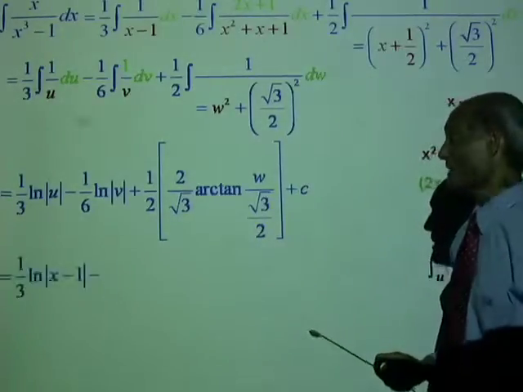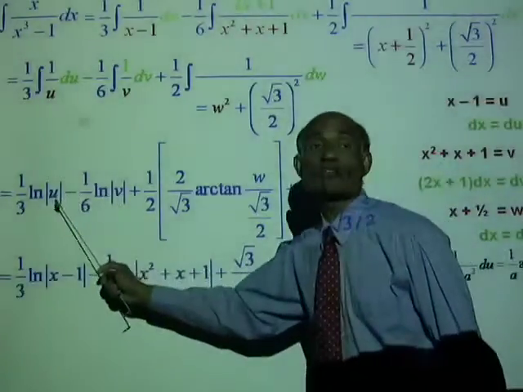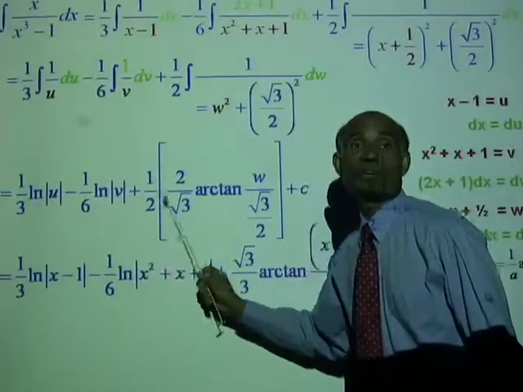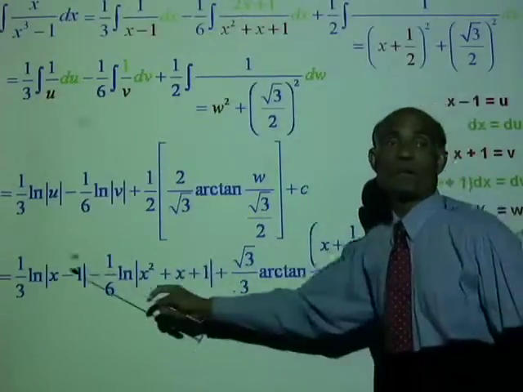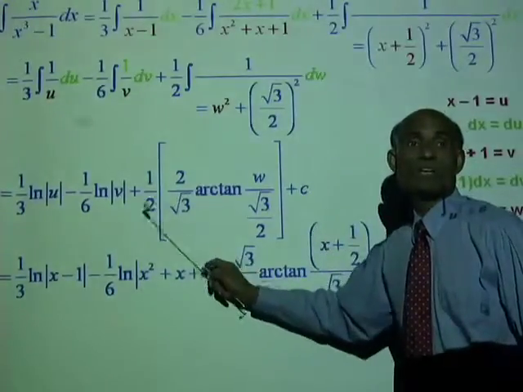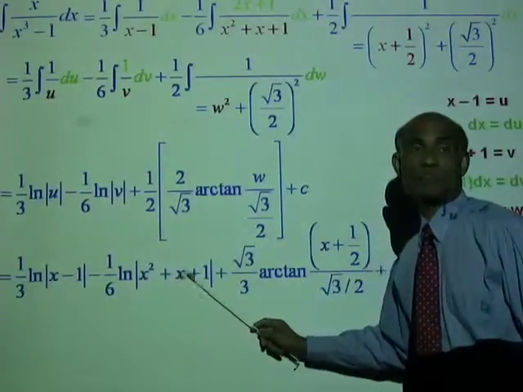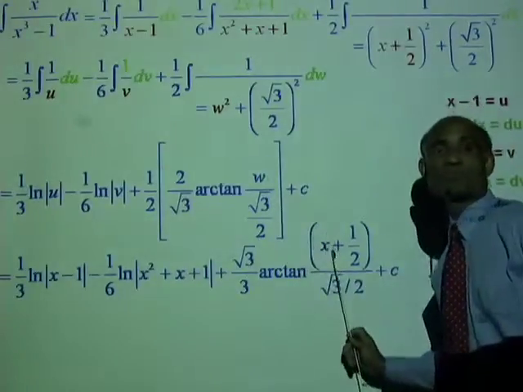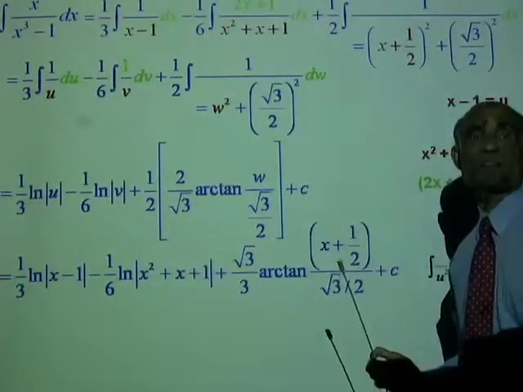And our next step, we replace u, v, and w. That gives you u is replaced by x minus 1, v is replaced by x squared plus x plus 1, and w is replaced by x plus 1/2.